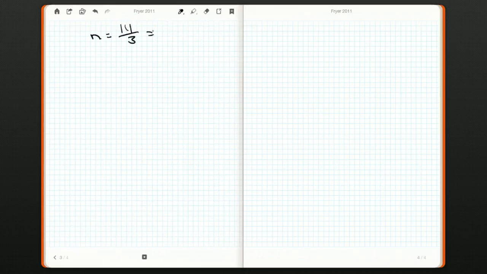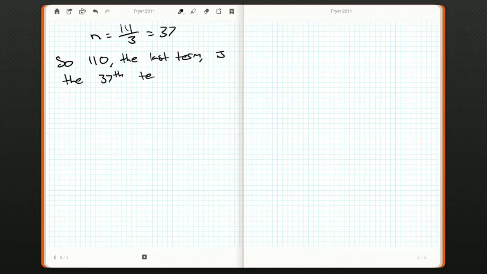And I believe that's 37, but we can just double check that. Yep, 37. And since 110, the one we just figured out, is the last term, that tells us that there are going to be exactly 37 terms in the sequence.